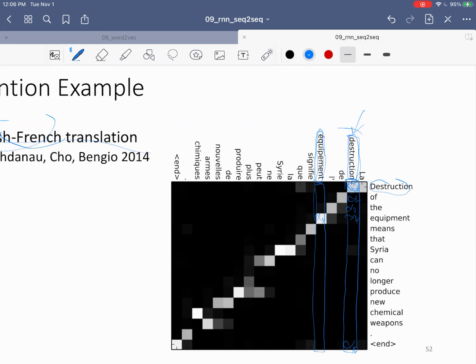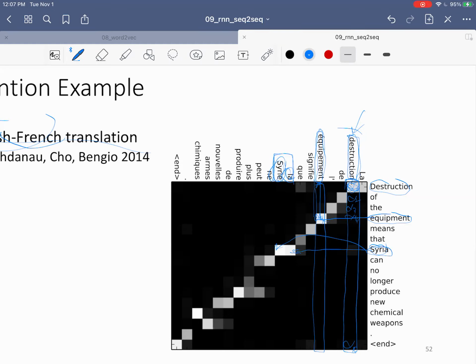It's natural, because the English word equipment should be used to predict the French equipment, right? Same with la Syrie: both times, Syria was maximally used to predict both words.